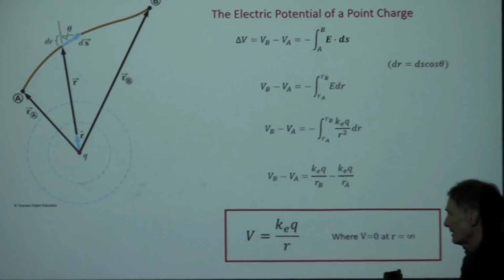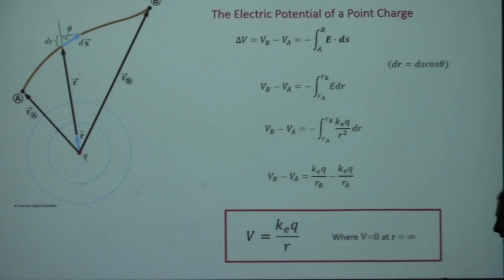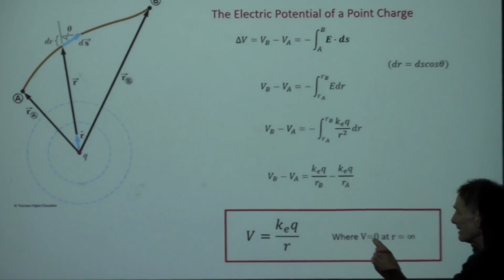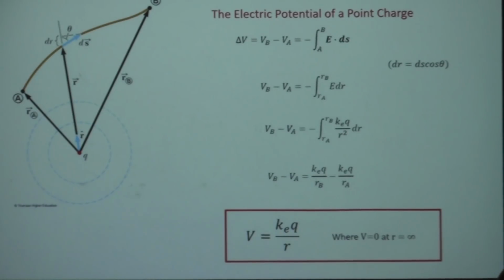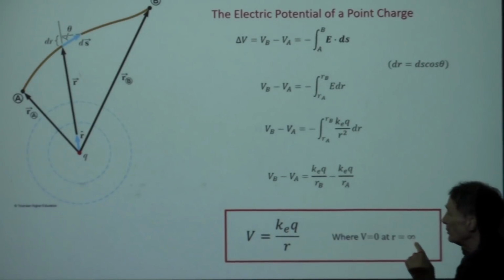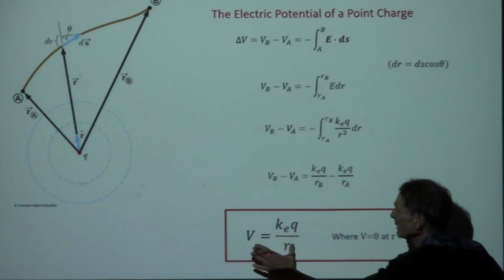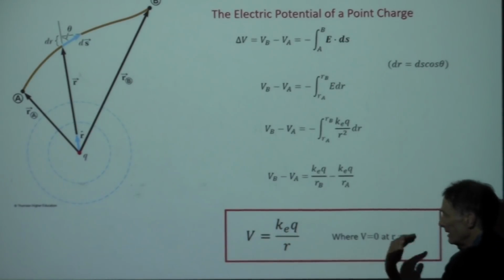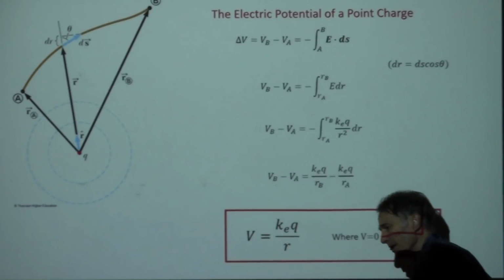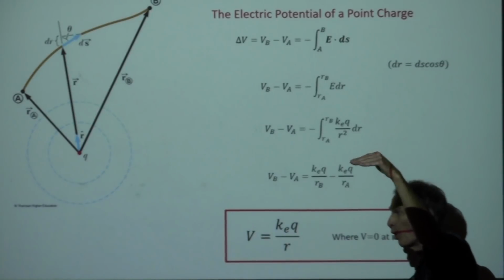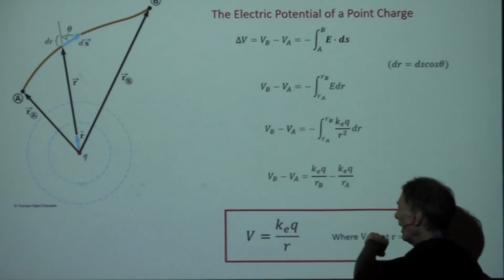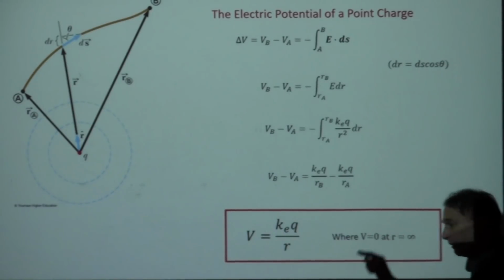This is important to see as far as doing problems. We're going to say that V is equal to 0 at R equal to infinity. Then we can write the potential like we did before, where we assumed the potential on the ground was 0, and then said the potential energy at some point was rho GH, measured in reference to the ground.